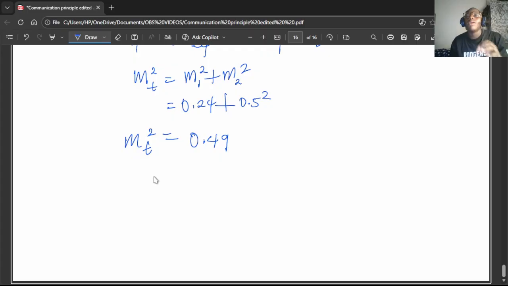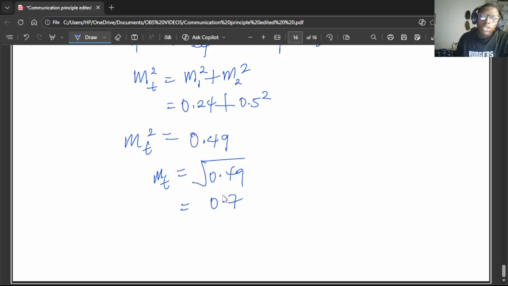We know that that is our total modulating index. So your MT will now be the square root of 0.49. Now if you check the square root of 0.49, I think that's 0.7. If you punch your calculator, you get 0.7.